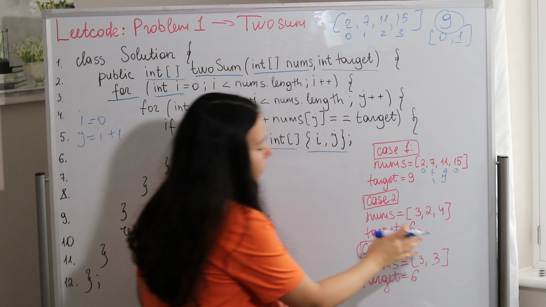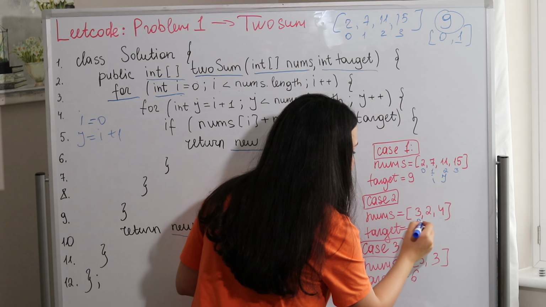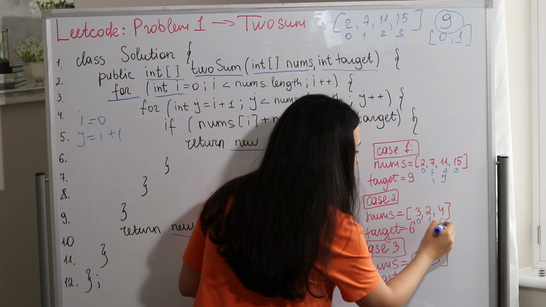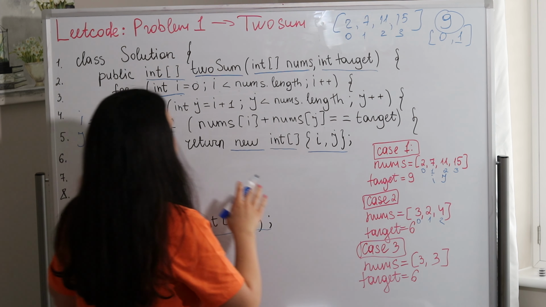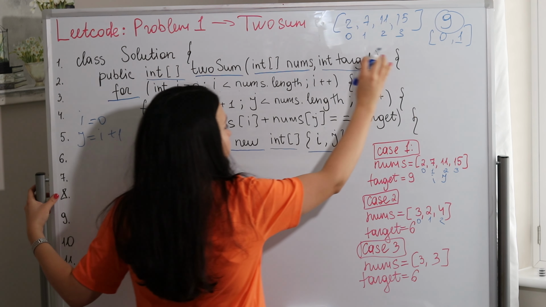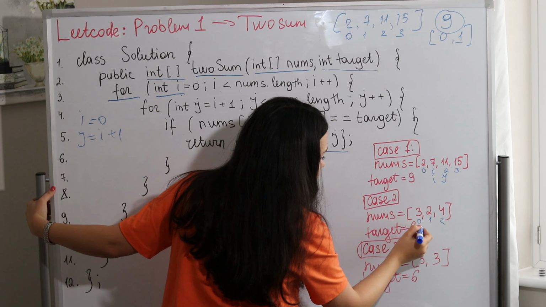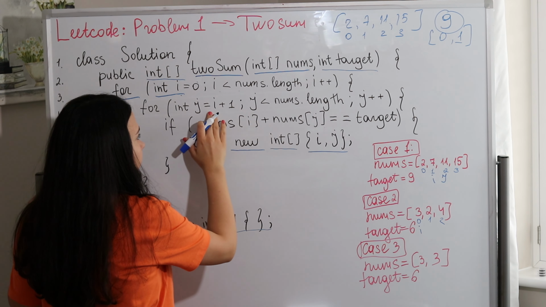In case 2, we're provided with a one-dimensional array of 3 elements with indices of 0 for element 3, 1 for element 2 and 2 for element 4, right? And our target is 6. We start the iteration. i is 0 for the first iteration, so the i element equals 3.